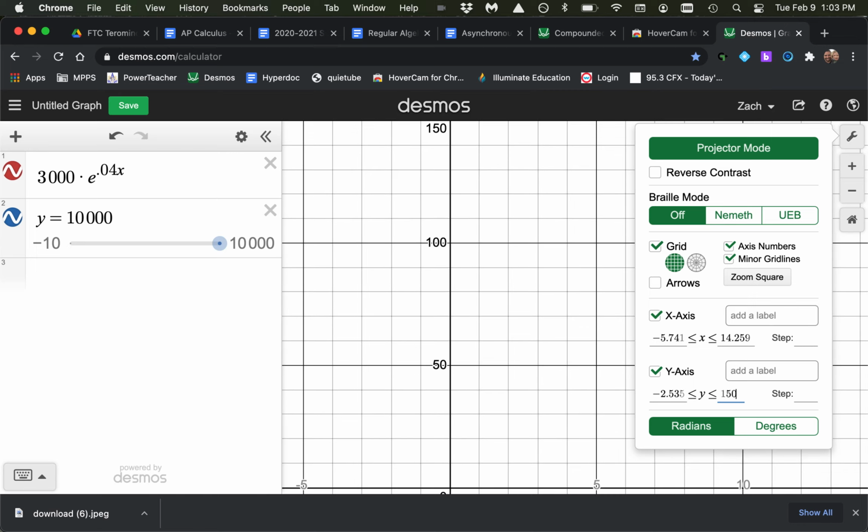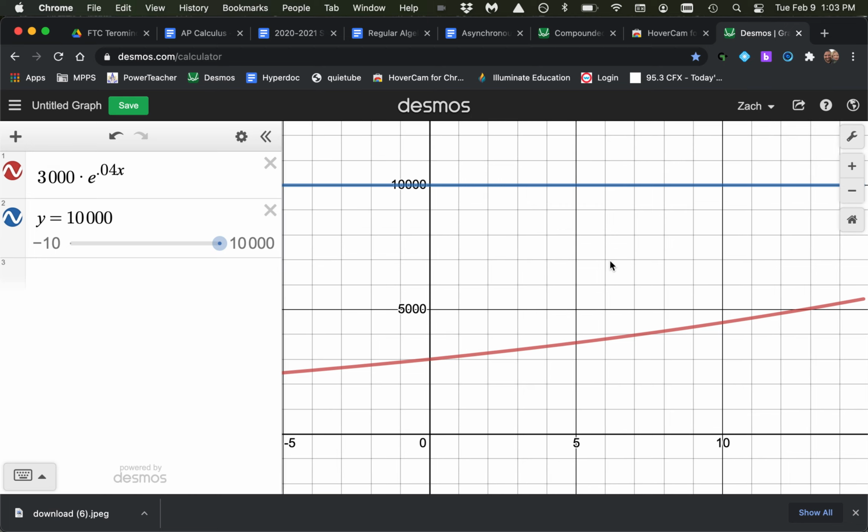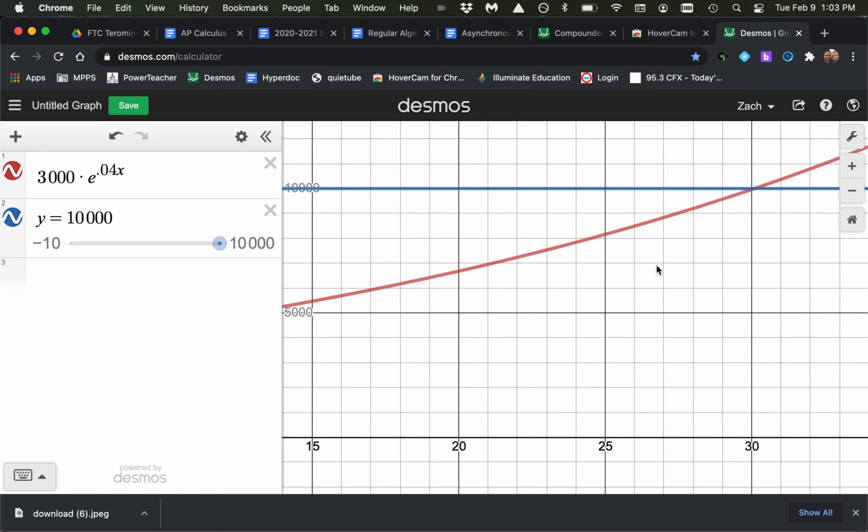Now it looks like it's a little bit to the right here, so I will just scoot the graph over to the right, and the intersection here is after about 30 or 31 years.